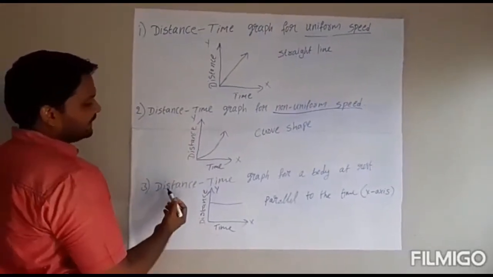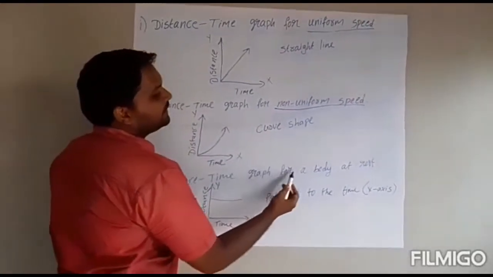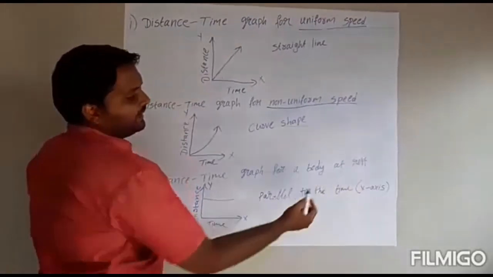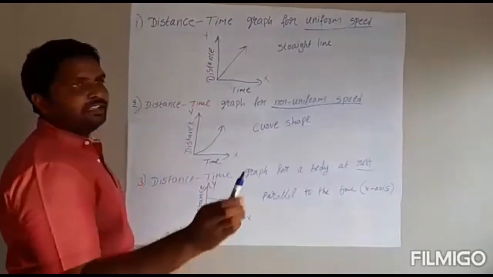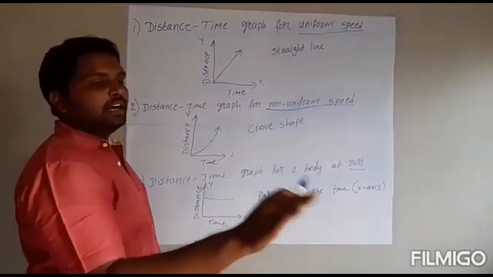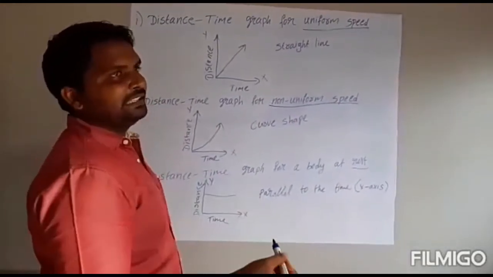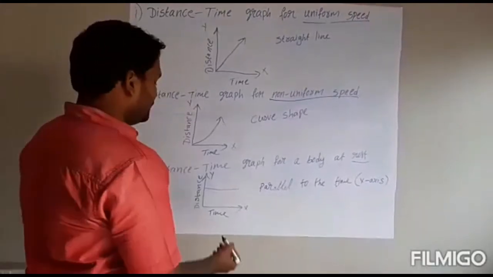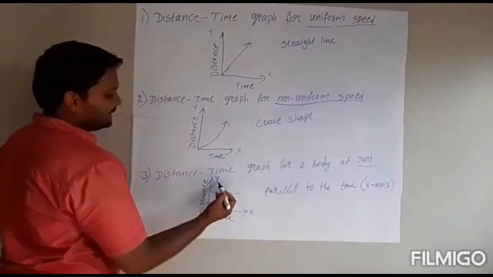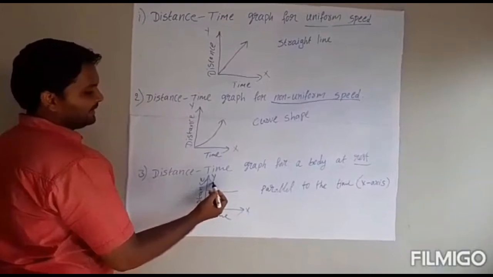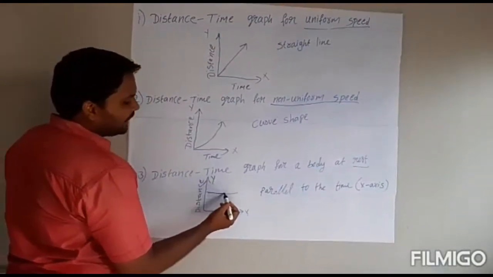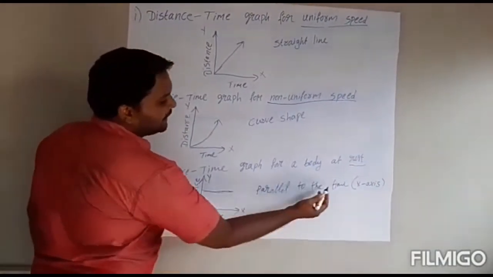And next, the distance and time graph for a body at rest, that means that car is not going anywhere. The car was on the same place. So that time how it will be? The distance and time. So here time on x-axis and distance on y-axis. Then what happened? The graph will give parallel to the x-axis.